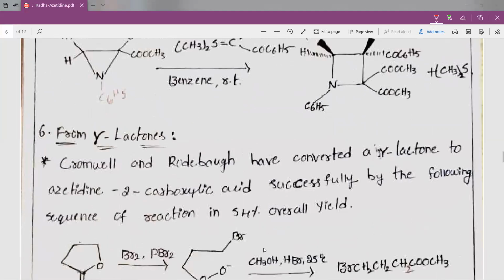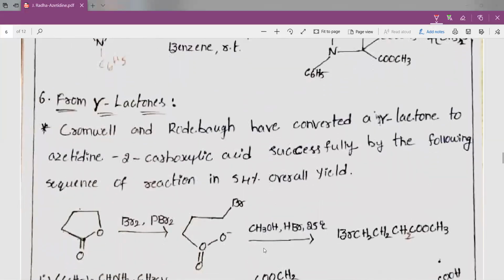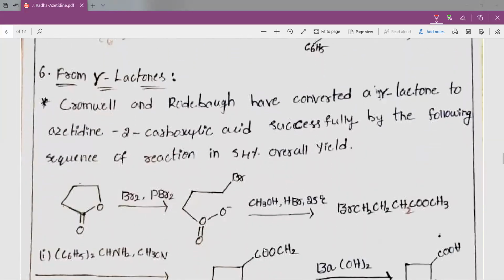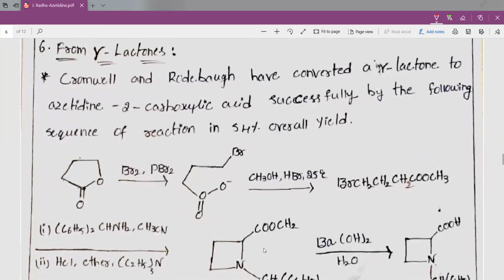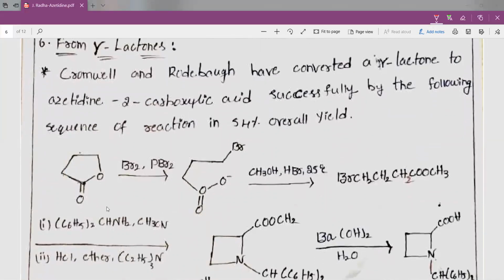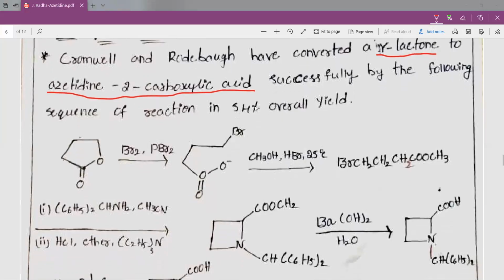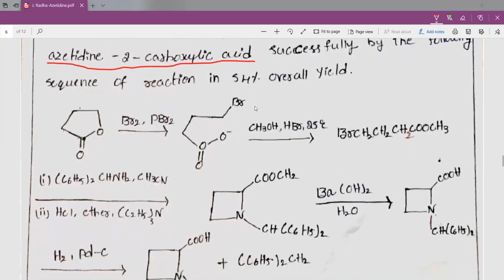From gamma lactones, this is another method. In this method, a gamma lactone is converted into azetidine 2-carboxylic acid through a sequence of reactions.